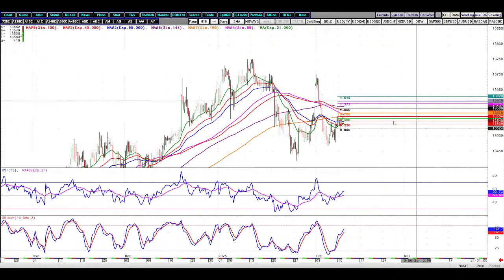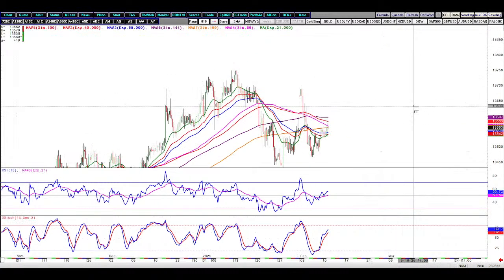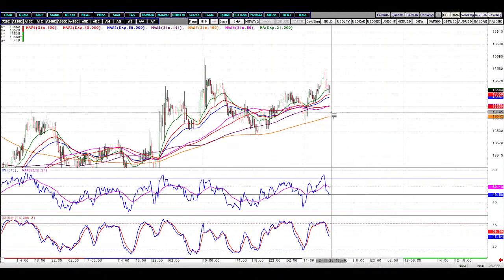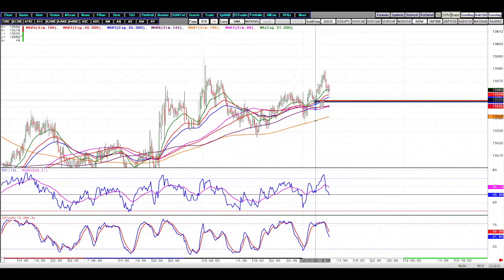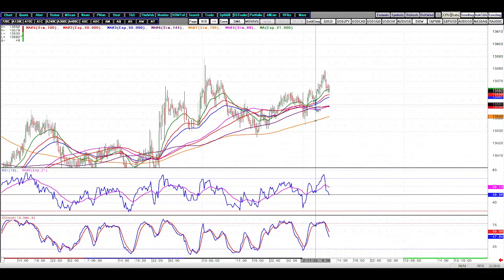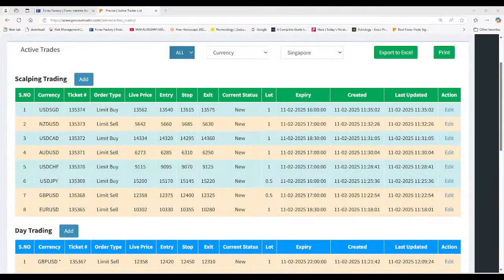So here we are getting some minor pullback. Let's see whether we can get 135.50 or 135.45.